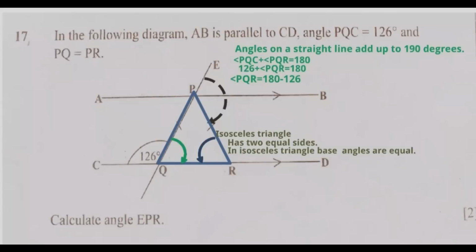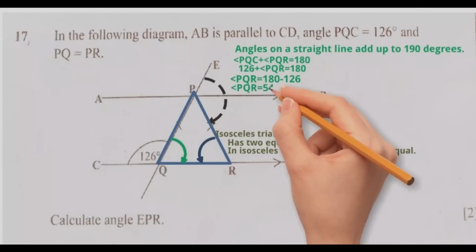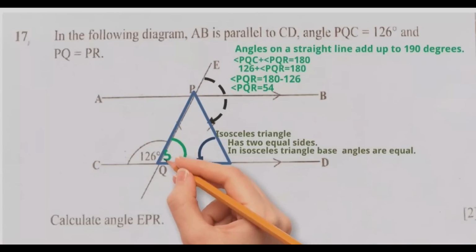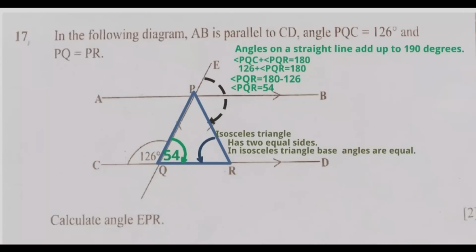Then when we evaluate 180 and 126, we're going to get 54 degrees. So the value of angle PQR is equal to 54 degrees.